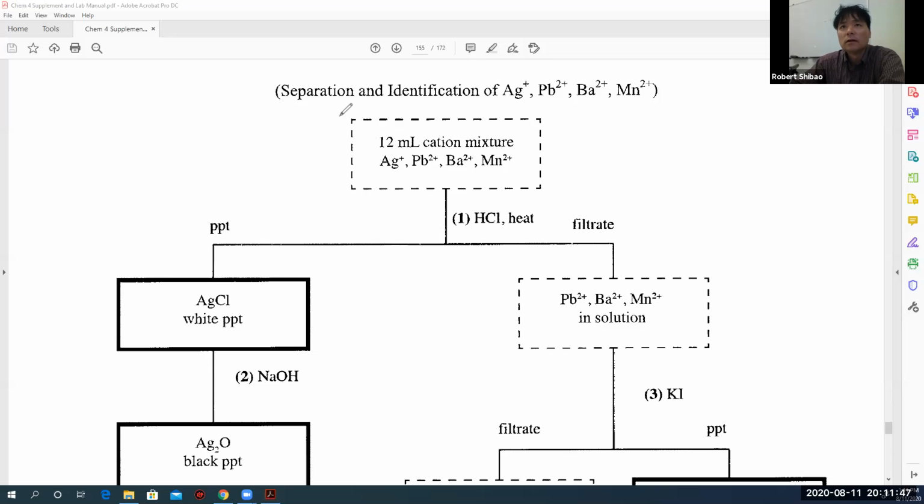For example, barium ion plus HCl yields no reaction, and manganese(II) ion plus HCl yields no reaction, etc. So you don't have to include all the no reactions. Just put in all the reactions that we had here. I wrote those already on the flow chart, and so you do the same.